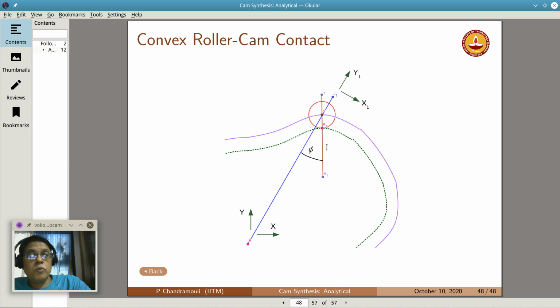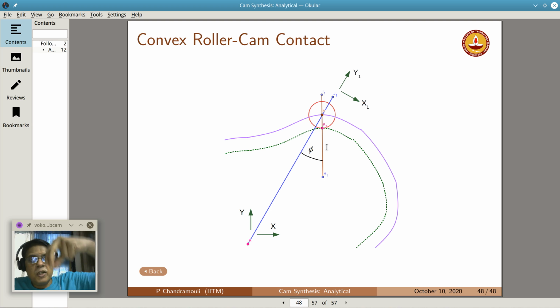So let's say the contact force is F. I have an F cos phi along the line of translation. Since I have a contact force, I have to have a way of maintaining contact. We talked about form closure and force closure. There is a force at the contact which tries to separate this out, and I need to apply a force to keep that contact together. But I also have a side force.